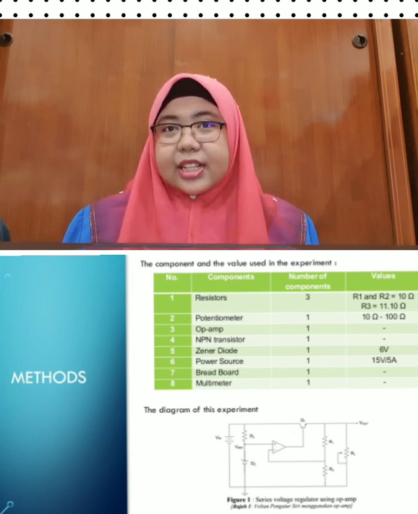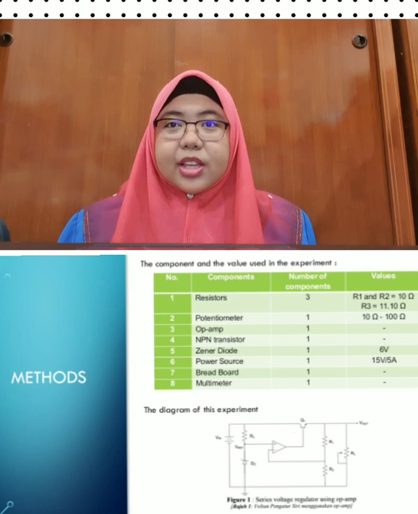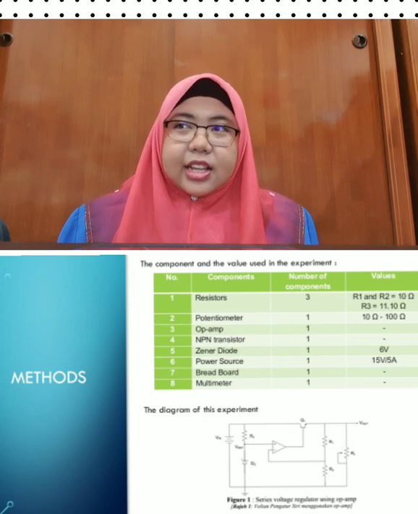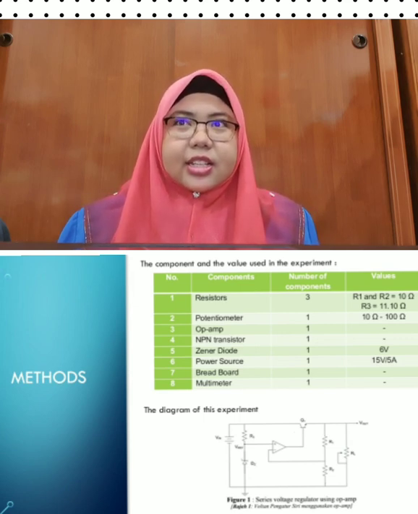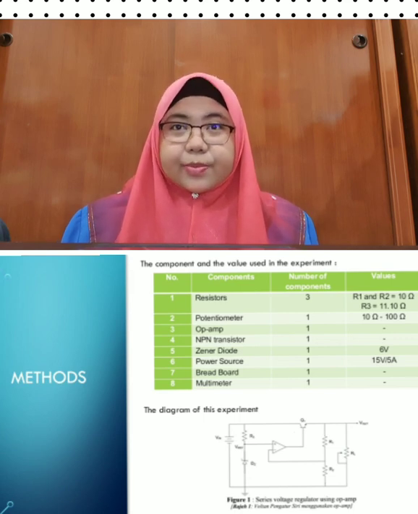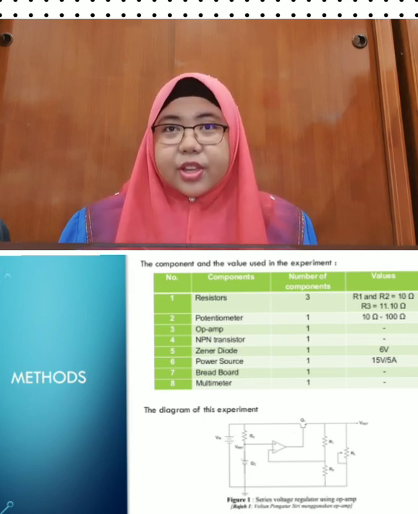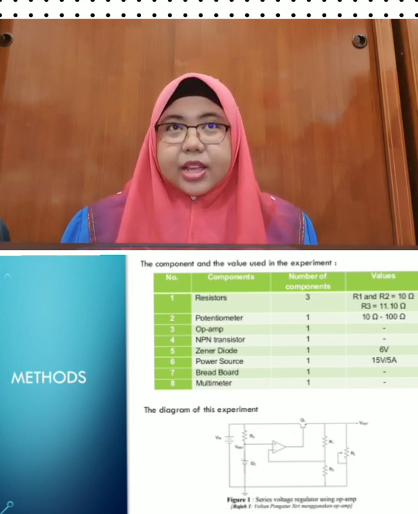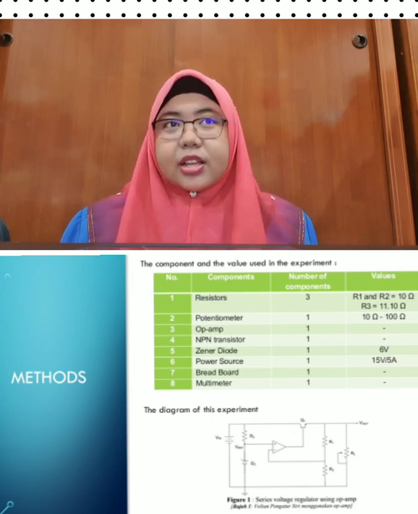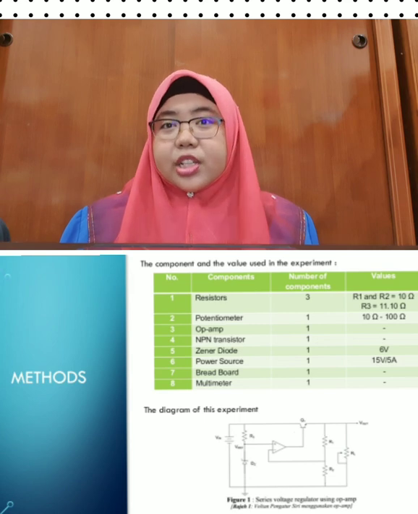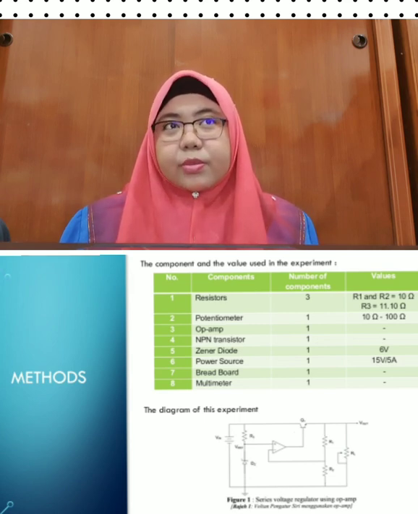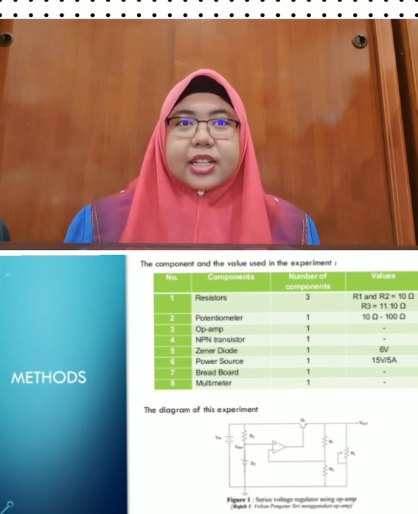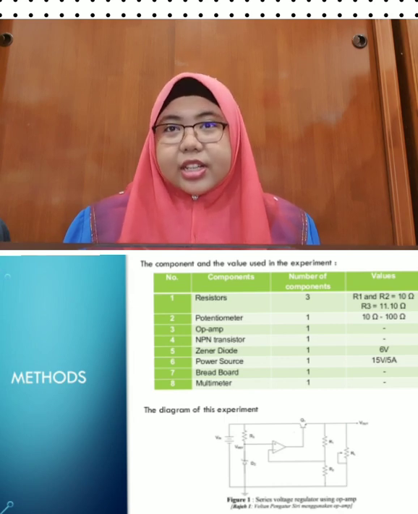The value for resistors R1 and R2 is 10 ohm, and for R3 it is 11.10 ohm, and for the Zener diode we use 6 volt, and the power source for this experiment is 50 volt, and the potentiometer is 10 ohm until 100 ohm, and the diagram is the series voltage regulator.